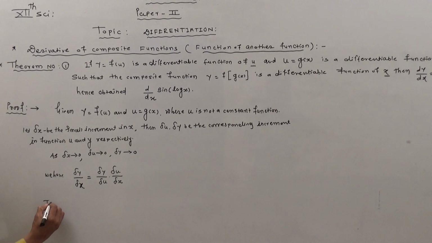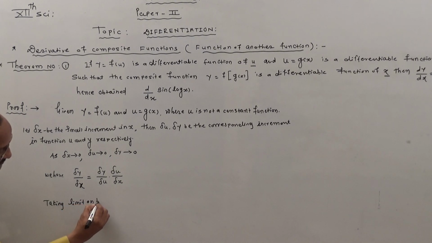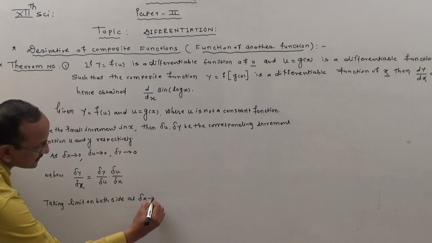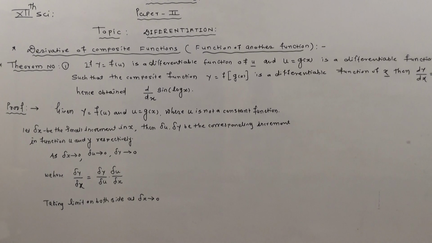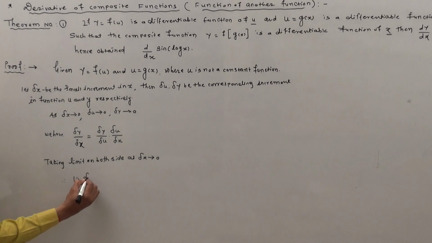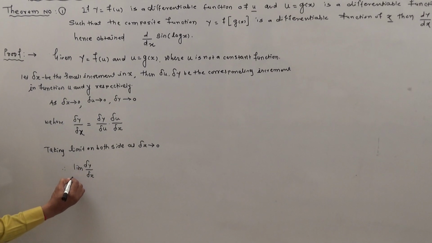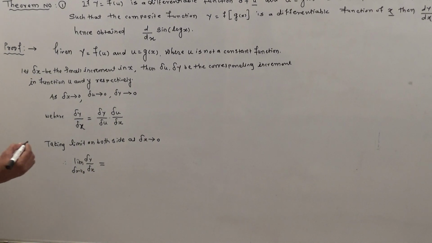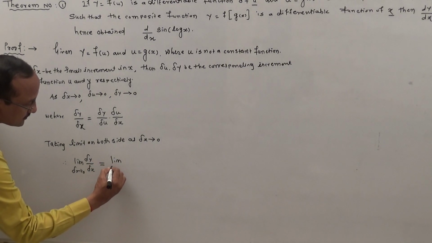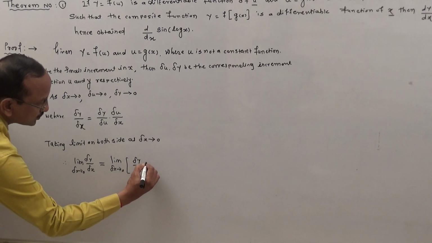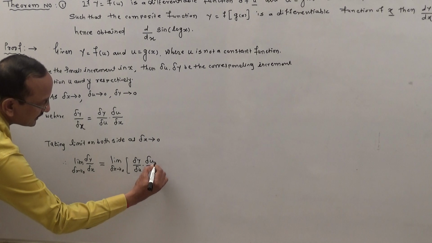Now taking the limit on both sides as delta x tends to 0, the limit of delta y by delta x as delta x tends to 0 is equal to the limit as delta x tends to 0 of delta y by delta u into delta u by delta x.